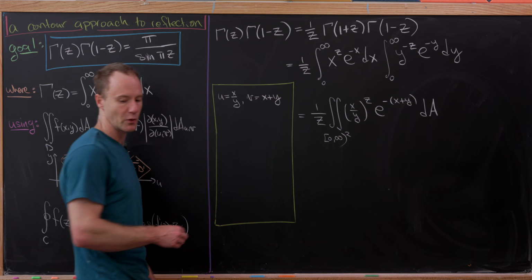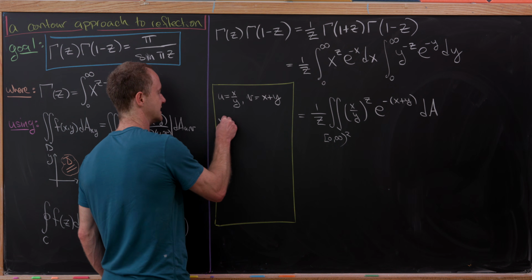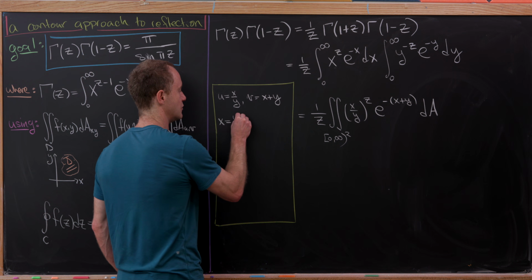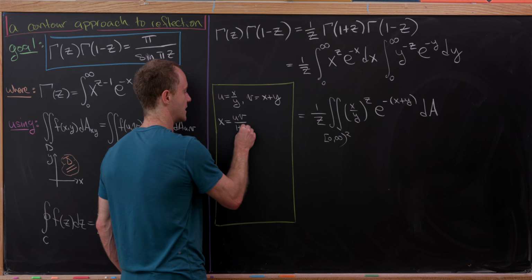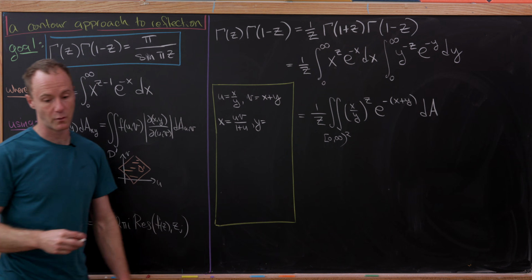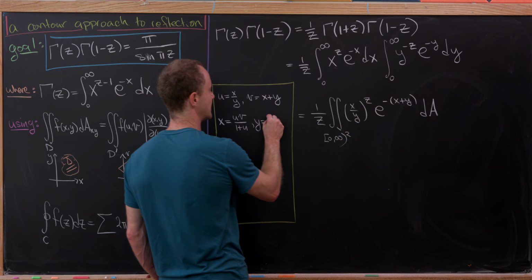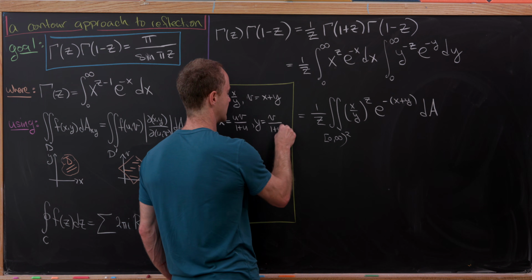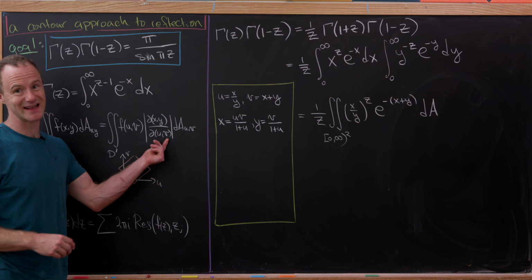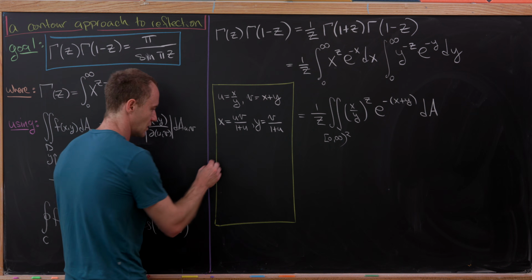And I won't do that, but what you end up with is x equals u times v over 1 plus u. And then y equals, well, y is actually a little bit nicer. It'll be v over 1 plus u. And now let's calculate this object right here as a matrix. So maybe I'll write it.